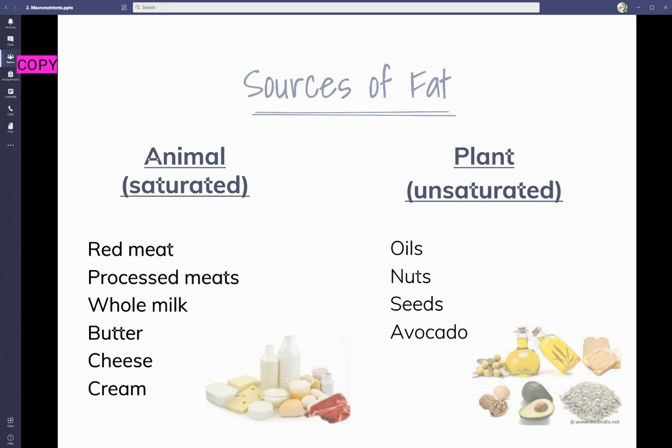Some sources of unsaturated fats include nuts, seeds, oils, and avocados. And animal sources come from animal products and animal byproducts.